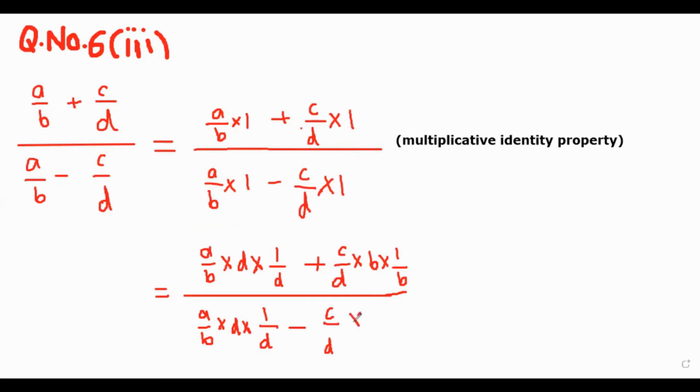Therefore, we'll be writing b cross 1 by b in this place. So in this step, you have used the property of the multiplicative inverse. So this property has been used at this place.